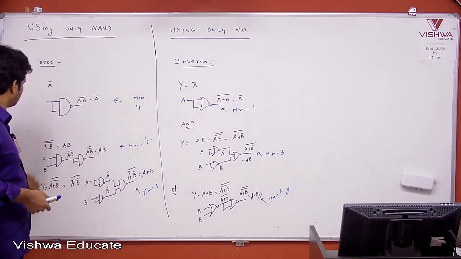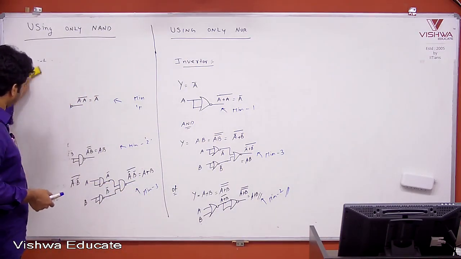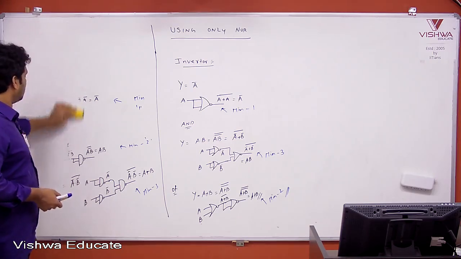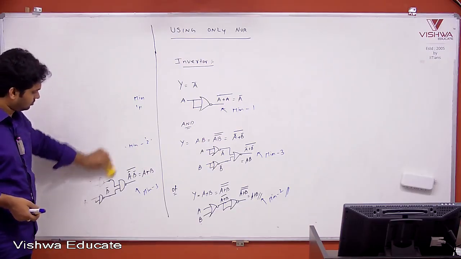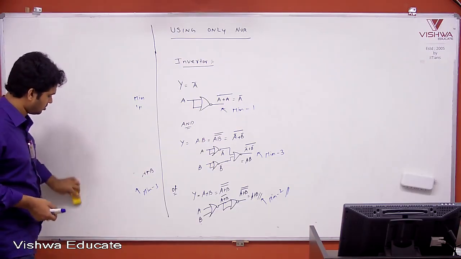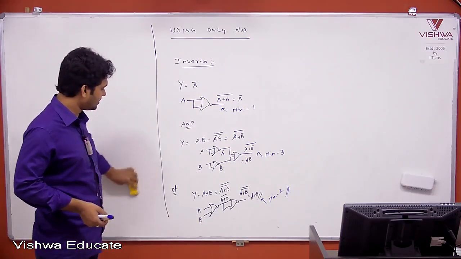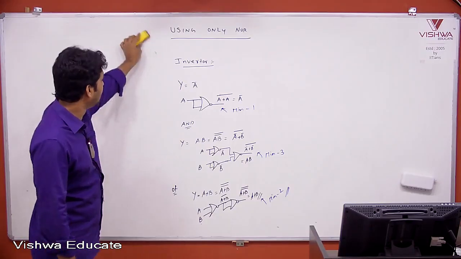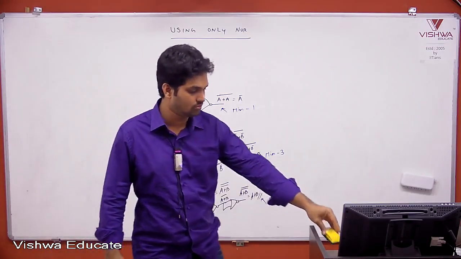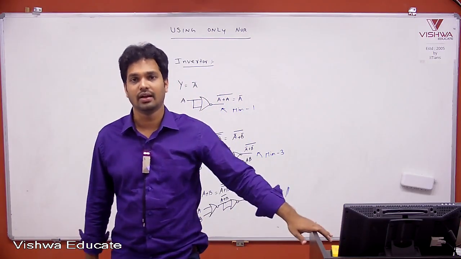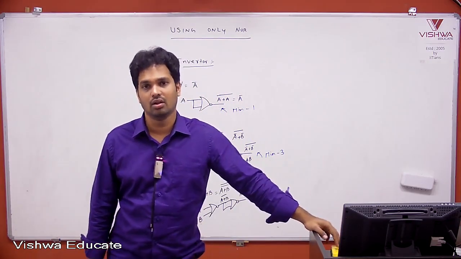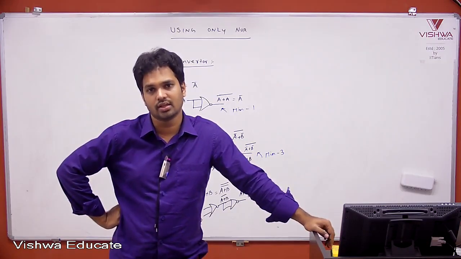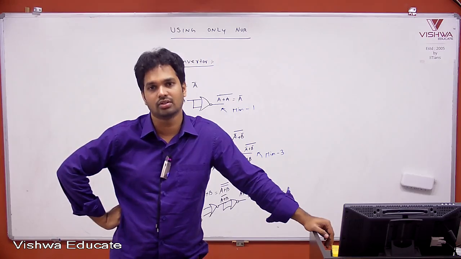Prove that implication and inhibition gates are universal gates.